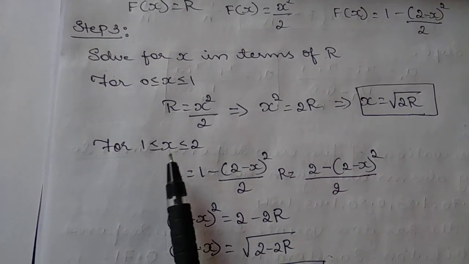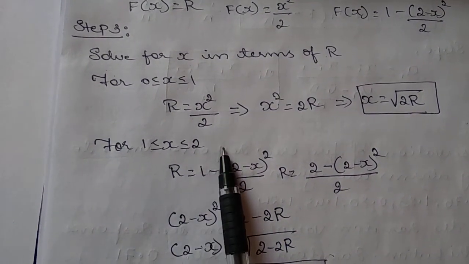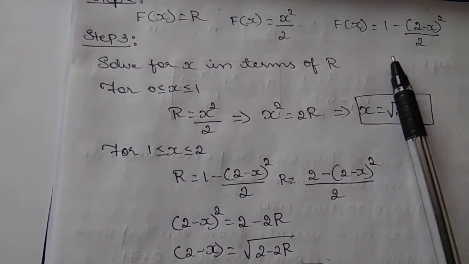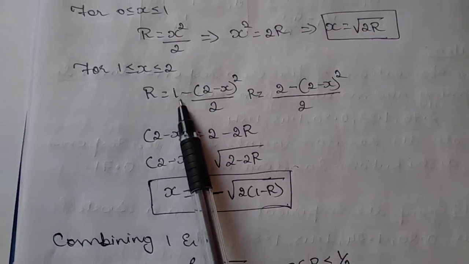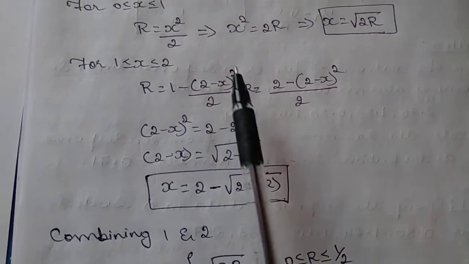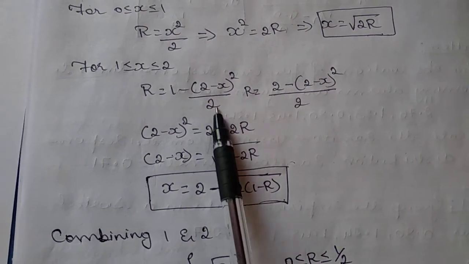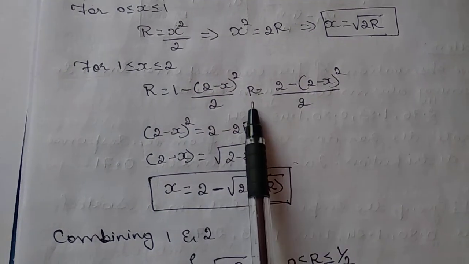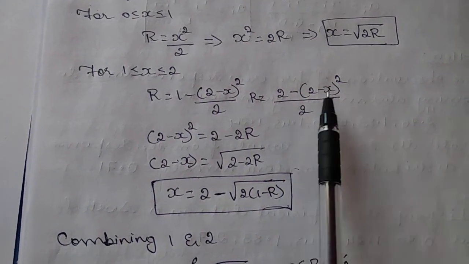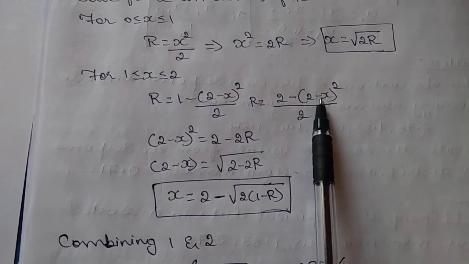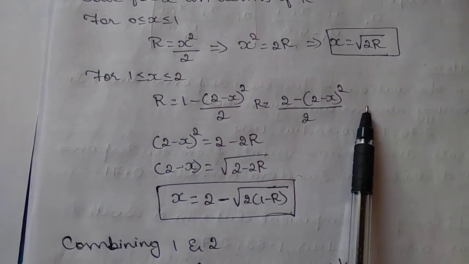And for 1 less than or equal to x less than or equal to 2, I'll take the second cumulative distribution function. That is, R equals 1 minus (2 minus x) whole square divided by 2. I'll just take 2 here, LCM. R equals (2 minus x) whole square divided by 2. Then I'll keep this (2 minus x) whole square on this side, and I'll take R this side.